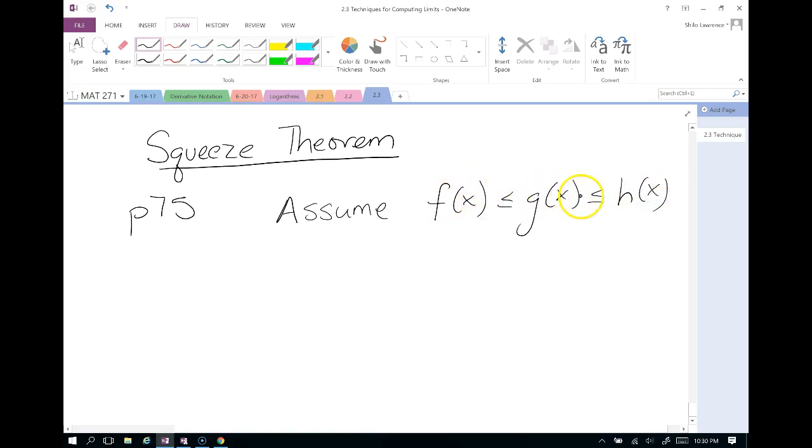So these are the y values. The f's are always the smallest, the h's are always the biggest, the g's are always in between. This is for all x near a, where a is what we're trying to find our limit for, except possibly at a, because with limits, we're not so concerned with what's happening at that exact point. We're just looking at what's happening near that point.